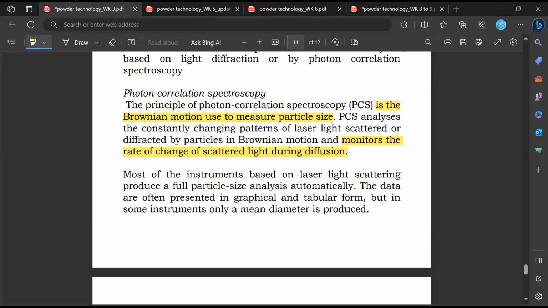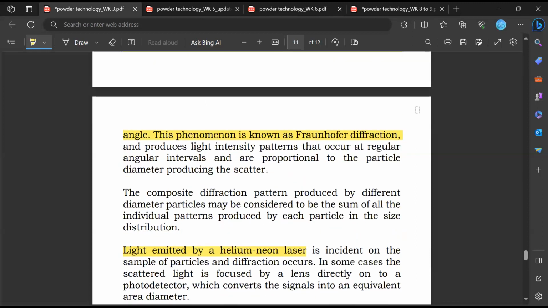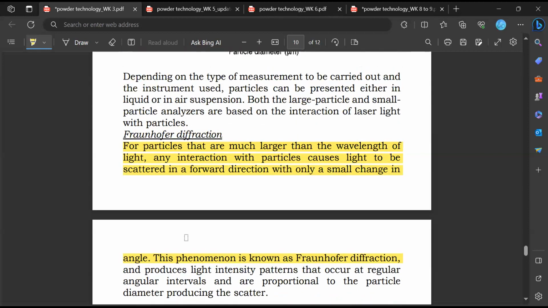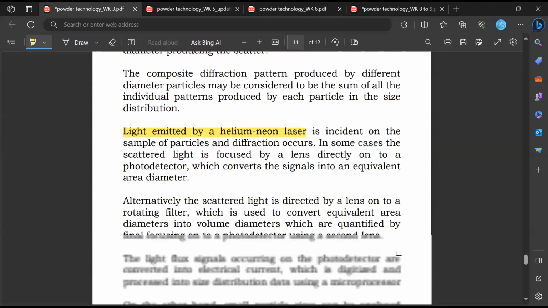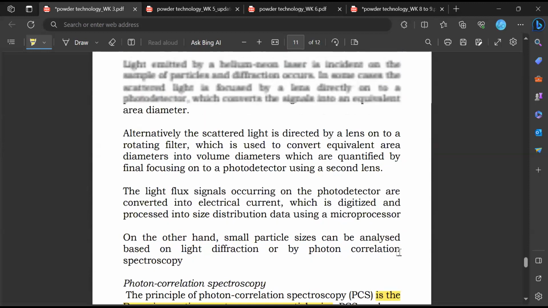Again, it's the same principle of scattering light, but over here, the earlier method measured a change in the angle because of the diffraction. So that is it for particle size analysis.